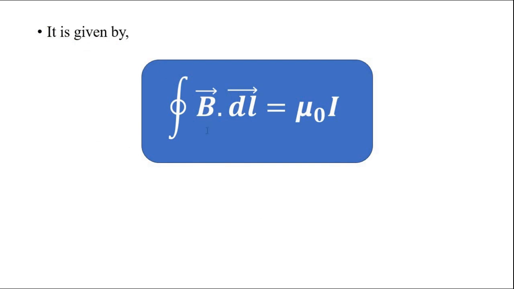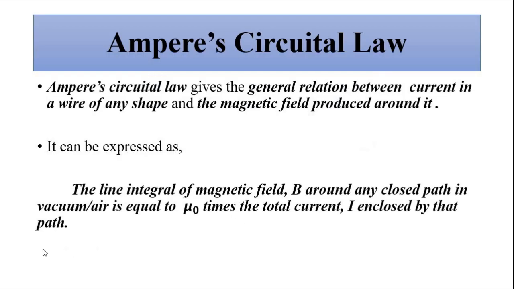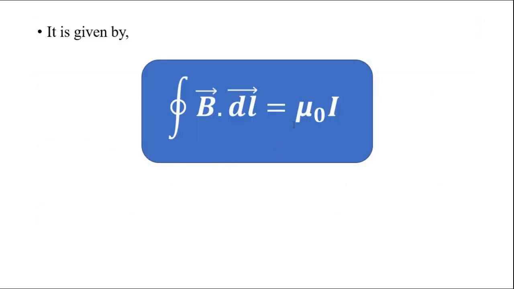So this is the formal expression of Ampere's circuital law: the line integration of a magnetic field around any closed path is mu 0 times the current enclosed by that path. This is the statement. Mu 0 is the absolute permeability.